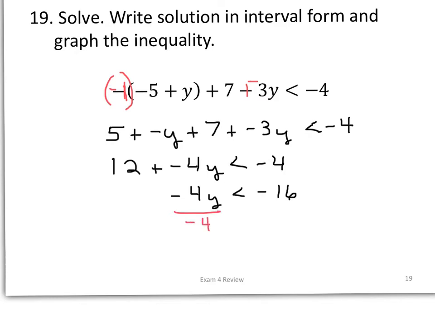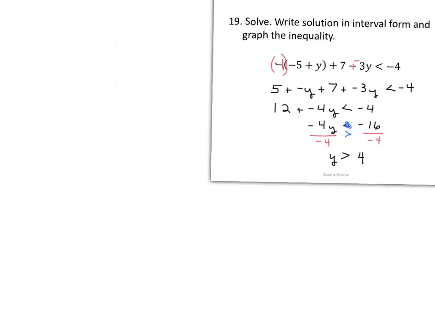So that means I reverse my inequality. And I get that y is greater than 4. So that is the answer, but it's not in the right form. We need to put it in interval form, and we need to graph it.